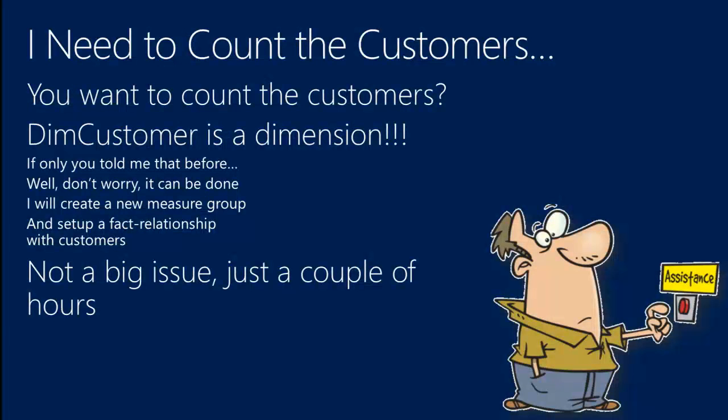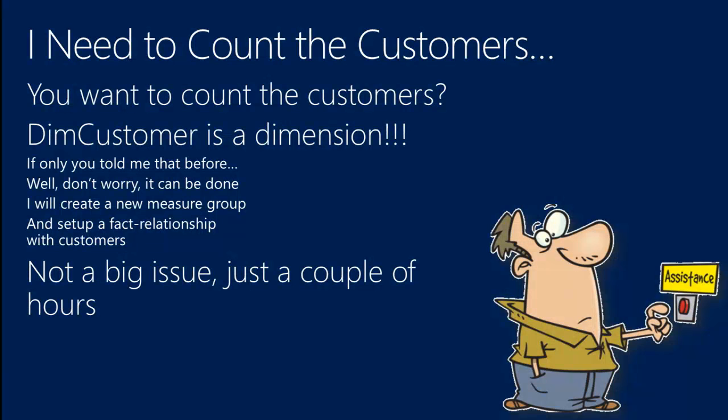But what you need to do is first explain to the customer that DimCustomer is a dimension. They don't understand what a dimension is, so you need to speak and explain some of Kimball theory. And then what you need to do in Analysis Services is create a new measure group based on DimCustomer, create a new aggregation, which is a count over the DimCustomer, and then you do your work.